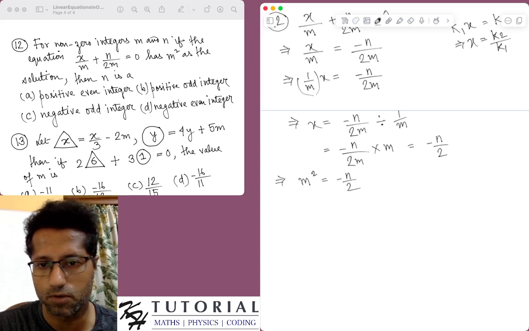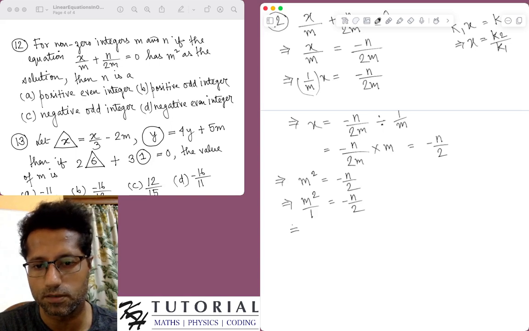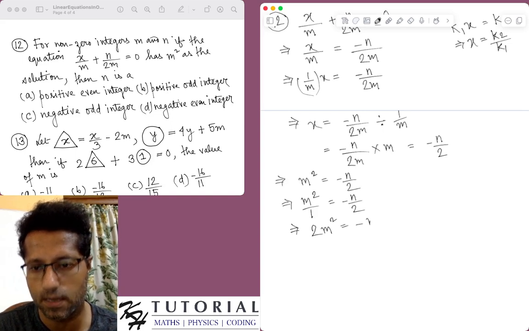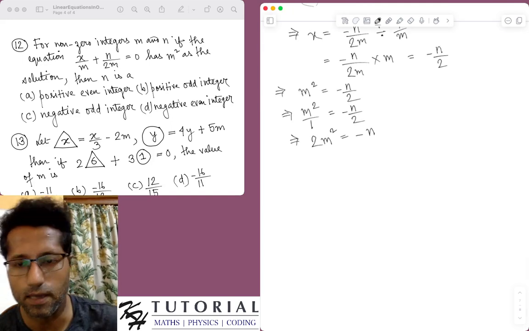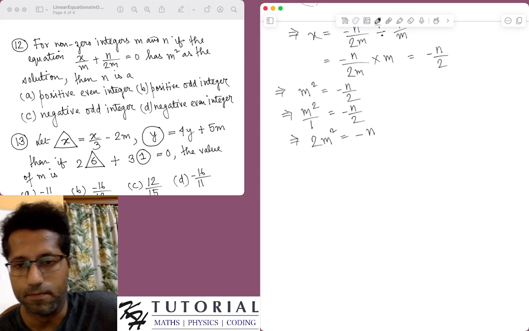Now if we do cross products, if we see in terms of rational numbers, m square by 1 equals minus n by 2. So if we do cross product, this implies 2 m square equals minus n. From here we have to judge what kind of integer or number n can be.